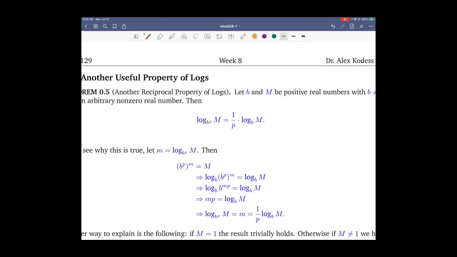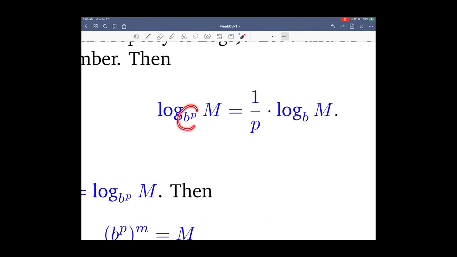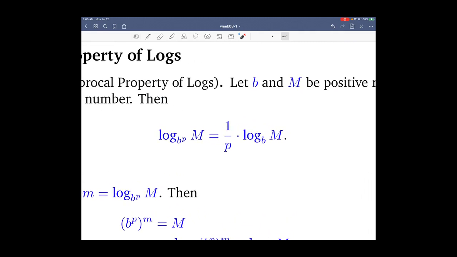That when you take log m base a power, b to the power p, not just b, but b to the power p, p can come up front as a reciprocal.